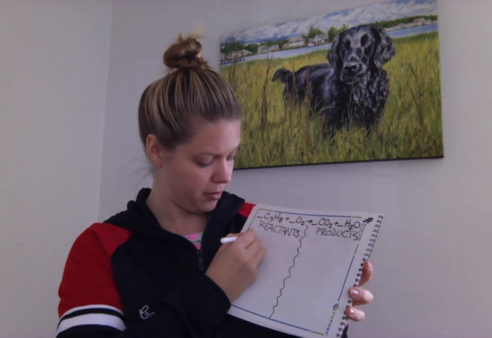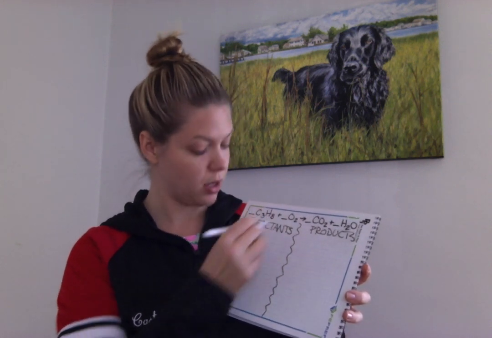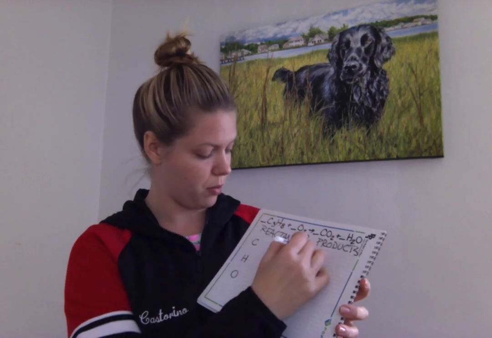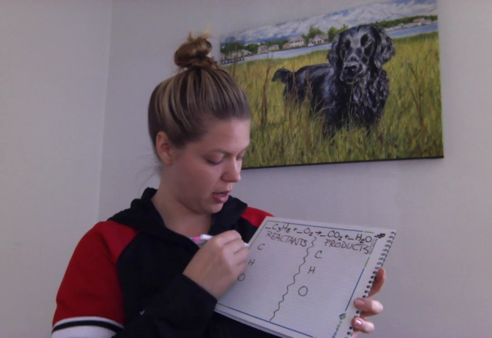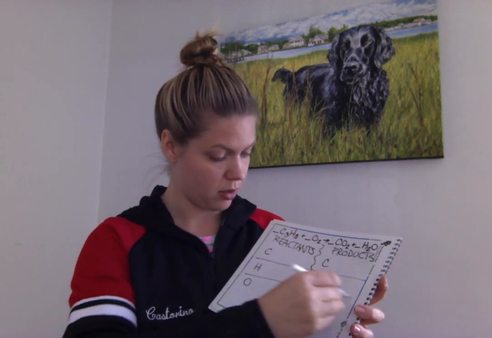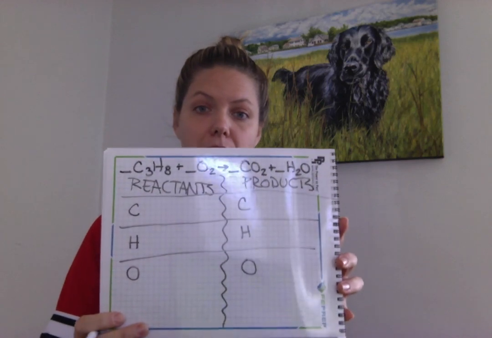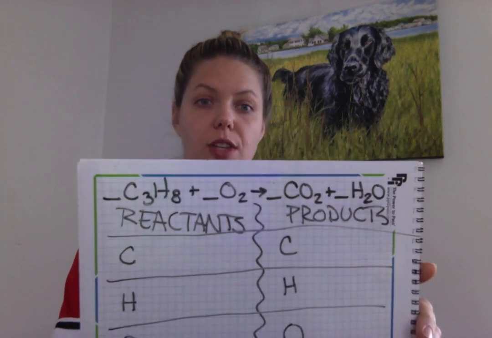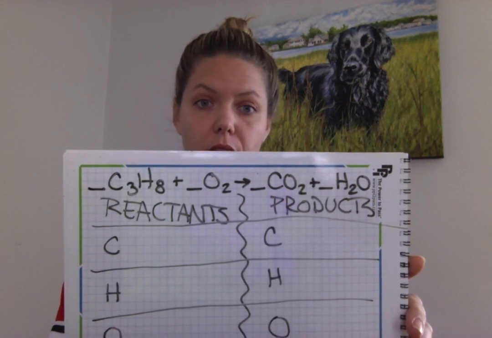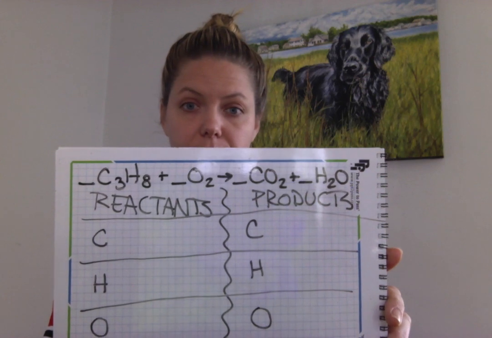So we have carbon, C, hydrogen, H, and oxygen, O. I have the same thing on this side. How many of each of those things do we have? All right, so take a look. Go ahead and try to fill it in yourself while I fill it in.